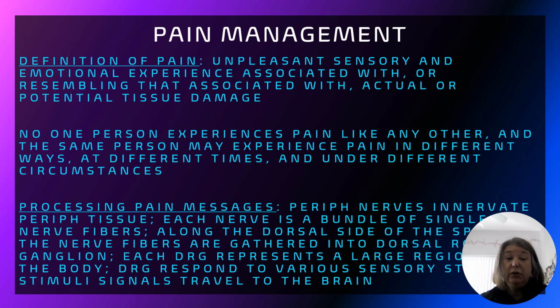Dorsal root ganglion neurons are specialized at their terminal ends along their axons and in their cell bodies to respond to different sensory stimuli. So you don't have to memorize all that or anything. Just know that pain is directly related to the sensory stimuli received by the CNS.